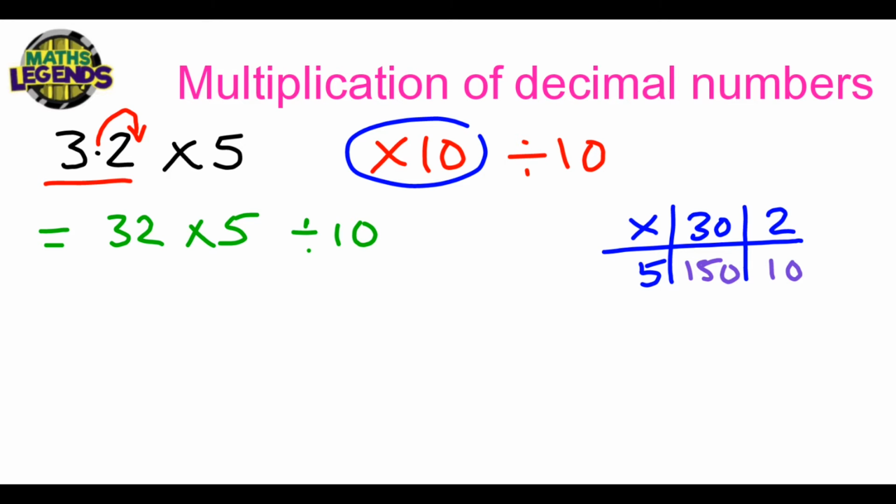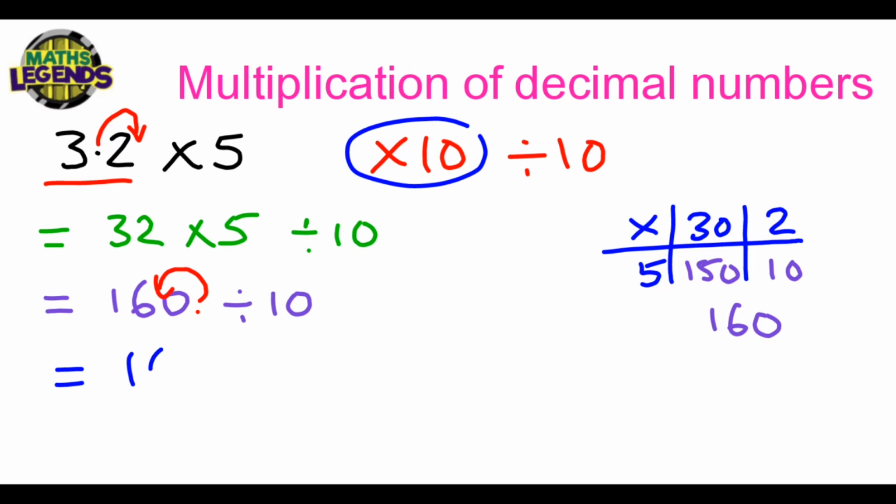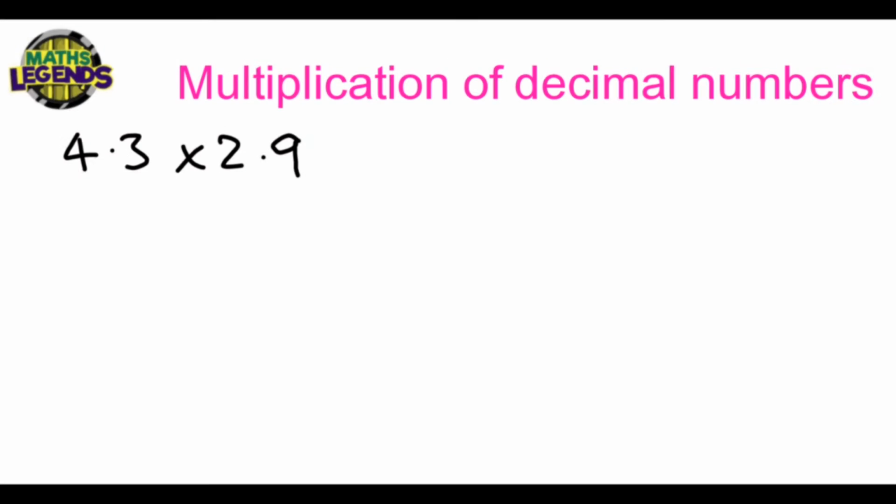We add these together, that gives us 160. So the next line becomes 160 divided by 10, and to divide by 10 we move the decimal point across one place, so the answer is 16. Let's look at another example.